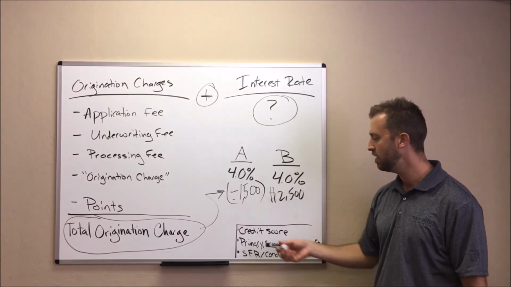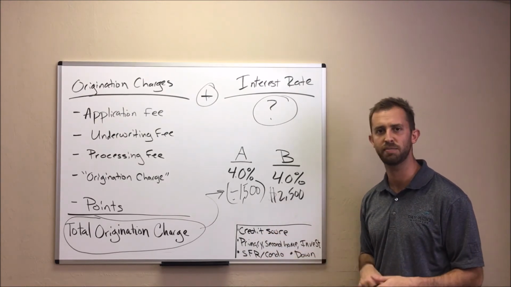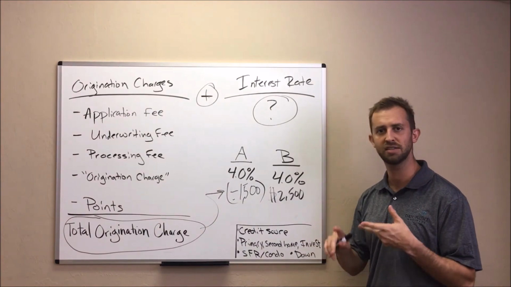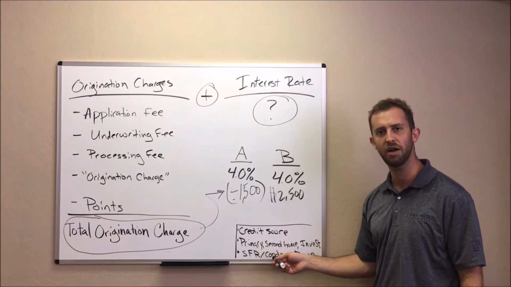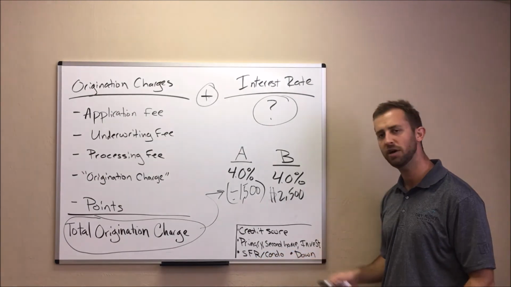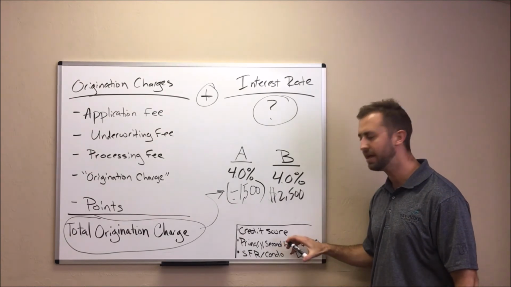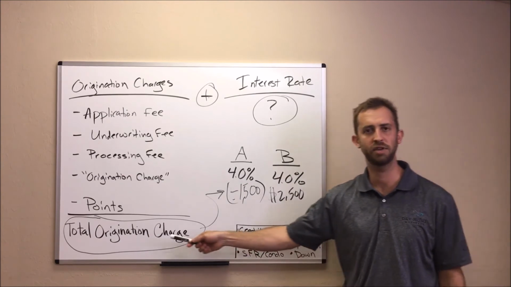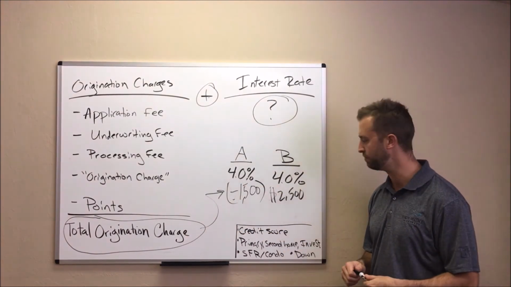What they need is your credit score, because all of this is based on credit score. You need to know the occupancy type: is it a primary residence, a second home, or an investment property? Is it a single family home or a condo? And lastly, how much are you putting down on the purchase of this property? That gives the lender enough information to give you a quote on what their origination charge may be for the interest rate they're willing to offer you.